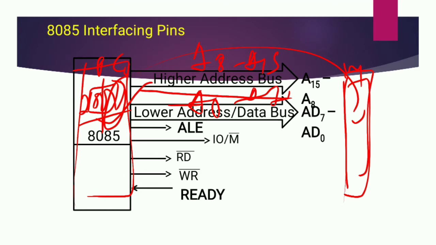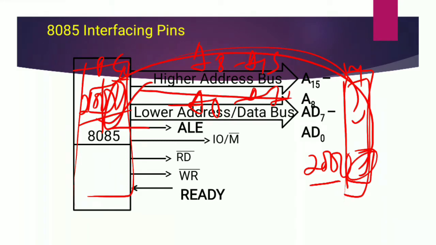Now the location 2000 has some data, and this data is accessed by the microprocessor through the data bus. So the microprocessor wants to read the data of location 2000, and it generates a control signal through the control bus, the RD bar signal, indicating that it wants to access data from memory into the microprocessor. Then the data comes through the data bus, which is multiplexed with the address bus, and is stored in the instruction register.